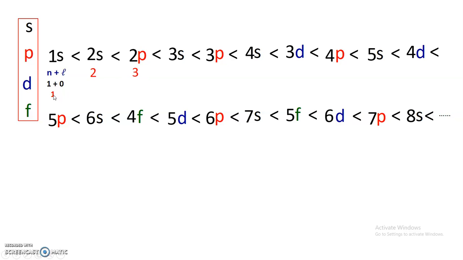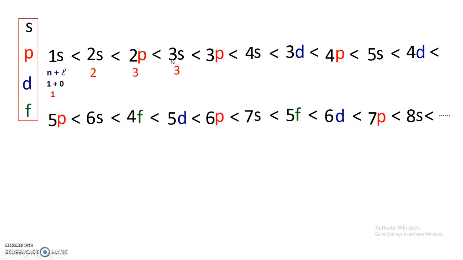First, compare electron filling in 1s, 2s and 2p. Electrons prefer the 1s orbital because it has the lowest n plus l value. After filling 1s, they prefer 2s because it has slightly higher energy, since n plus l is 2, and then the 2p orbital, which has a higher n plus l value.